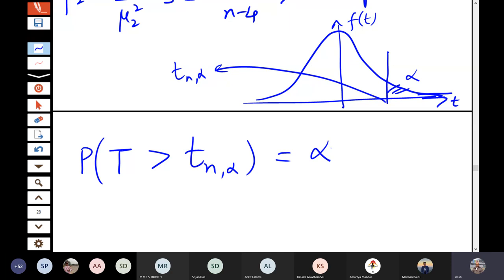So in all the books of statistics, the tables of t distribution are also given. So I'll just show you here. Of course, it may not be very clearly visible here, but you can just see this. So in any book of statistics, if you see at the end, the tables of the Tn alpha are given for different values of n and alpha. Okay.